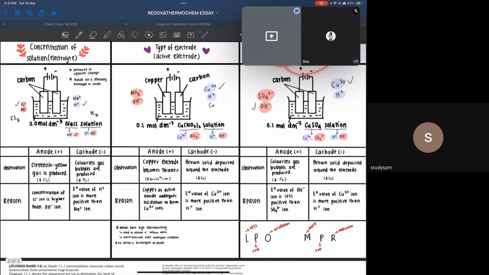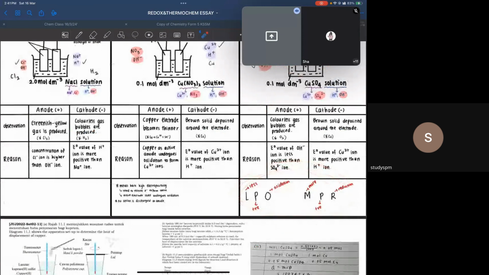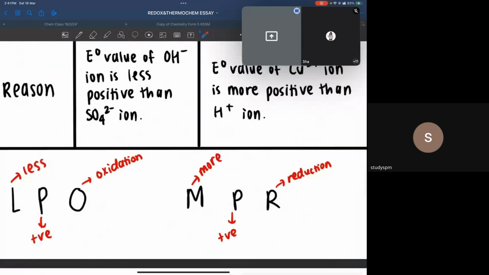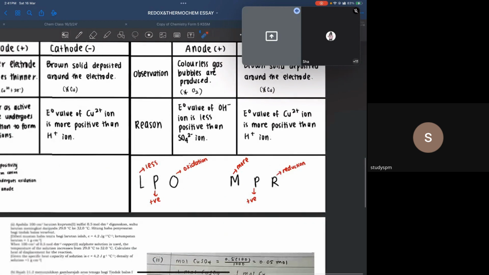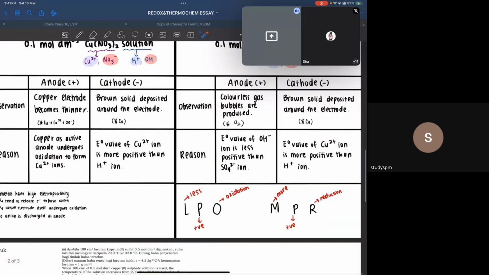It is actually very useful for me. LPO MPR is an acronym, like a silly phrase you can remember if you cannot memorize. So this one is actually very useful.